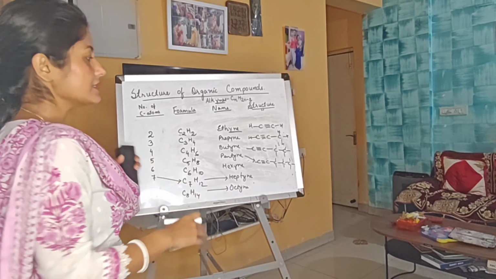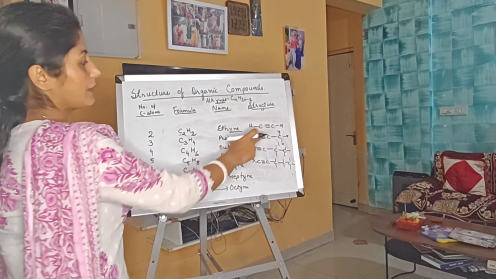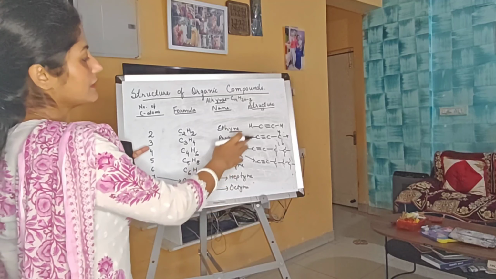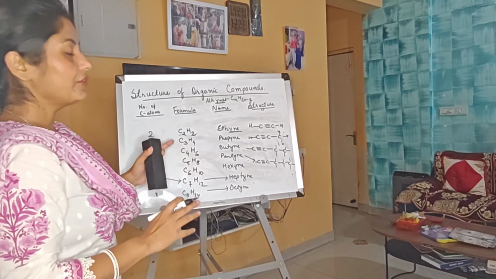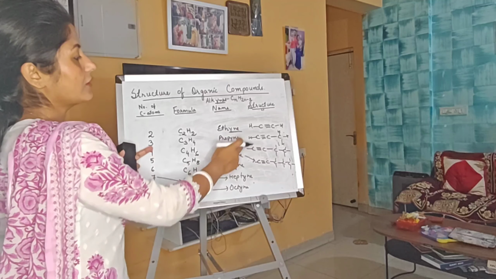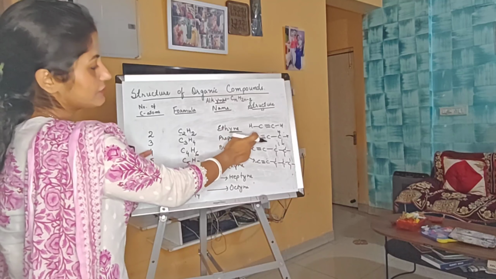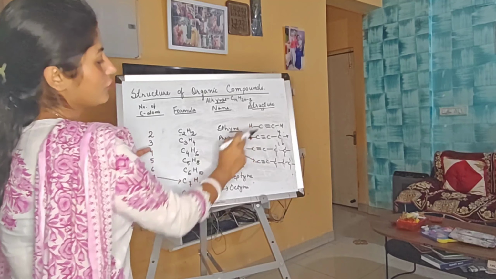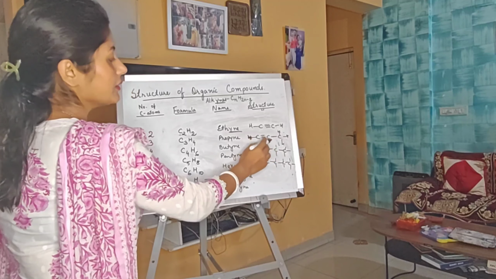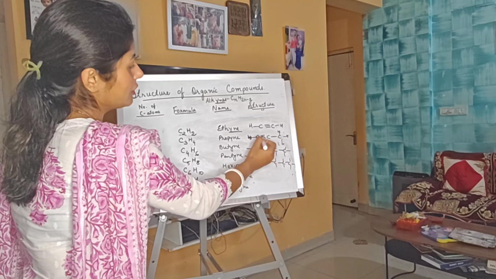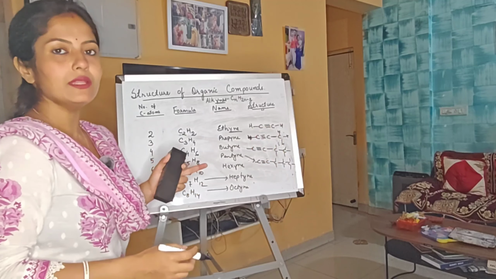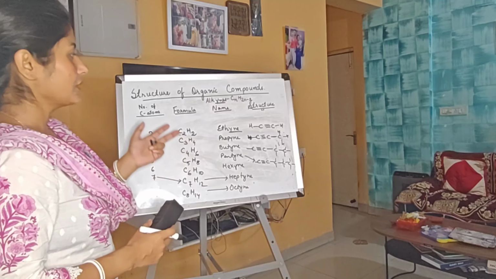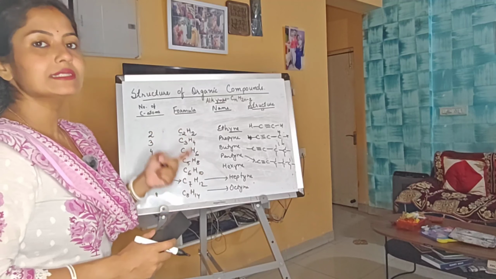The first step is to put the number of carbon atoms specified in the molecular formula, and then satisfy the valencies of each atom, that is, cross check whether all 4 valencies of carbon are satisfied or not. For example, here only 1 hydrogen is required to satisfy the 4 valency of carbon. For this carbon, no other hydrogen is required because it has already formed 4 bonds with its neighboring carbon atoms. So this is how we draw the structures from the molecular formula in case of alkanes, alkenes and alkynes.